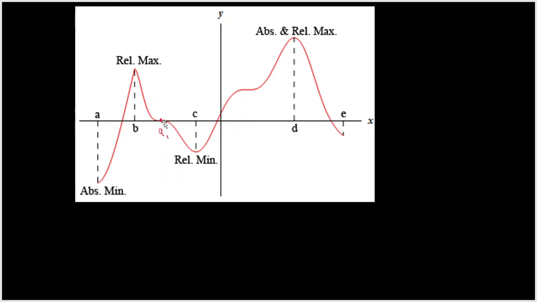Actually, this point is a critical number. I'm trying to say the derivative of the function at A1 is equal to 0 as well. But A1 is not a location of a local maximum or local minimum. The derivative being equal to 0 or not existing are the conditions of a possible local maximum or local minimum.